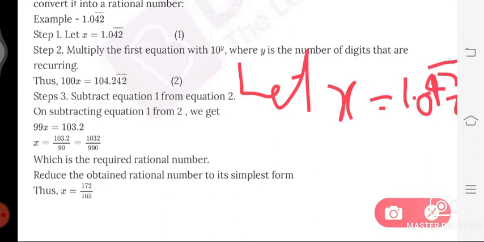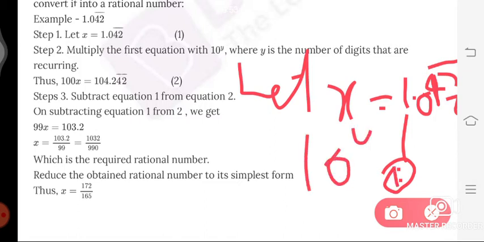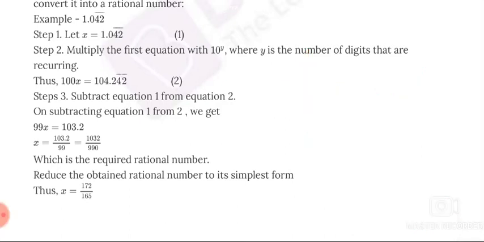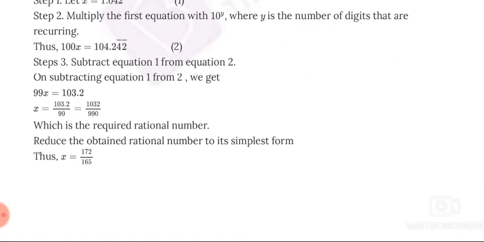Step 2, multiply the first equation with 10 to the power y, where y is the number of digits that are reoccurring. So this is the first equation, and it is multiplied by 10 to the power y. What is 10 to the power y? It is based on the number of digits that are reoccurring. There are two digits which are reoccurring, so it will be multiplied by 100.